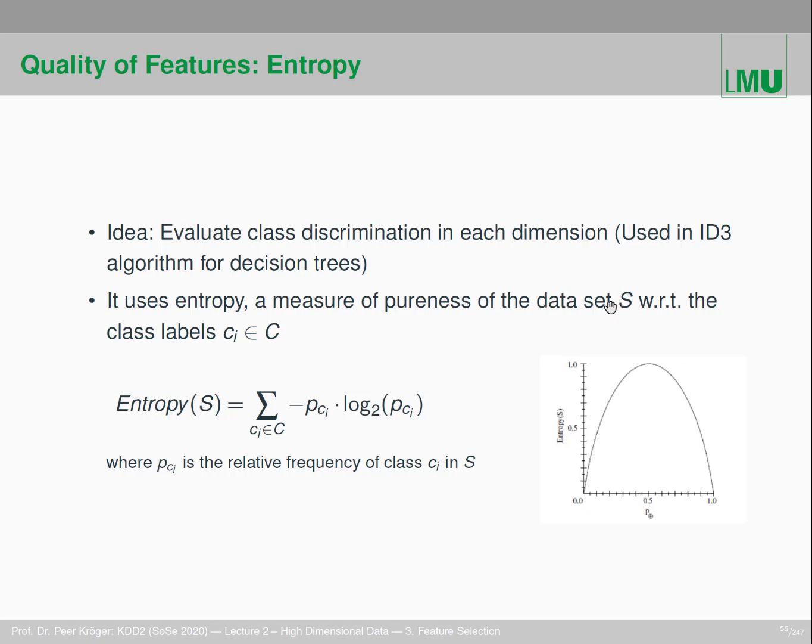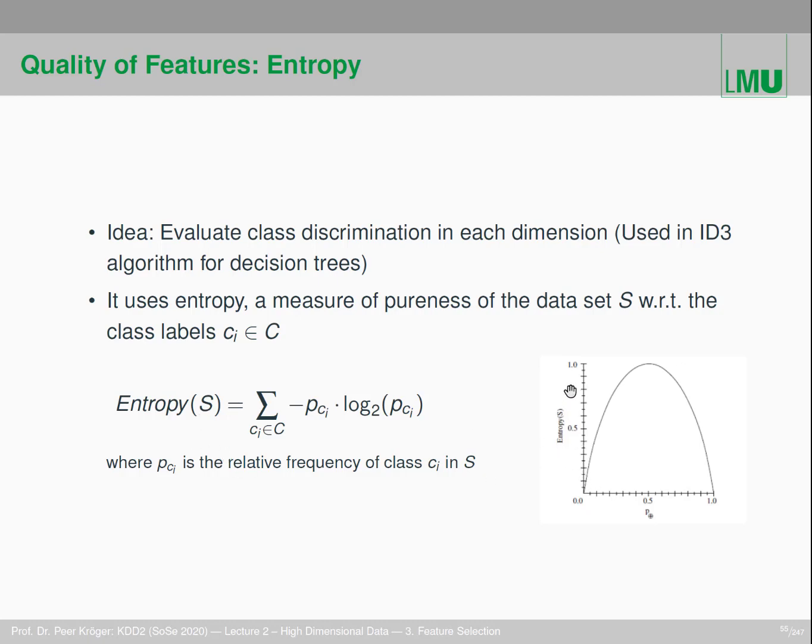So you have a training set with labeled data, and of course you can compute the frequency of class ci in this set here. And then you just take this frequency times log of this frequency, take the minus and sum that up. And what does it do actually?